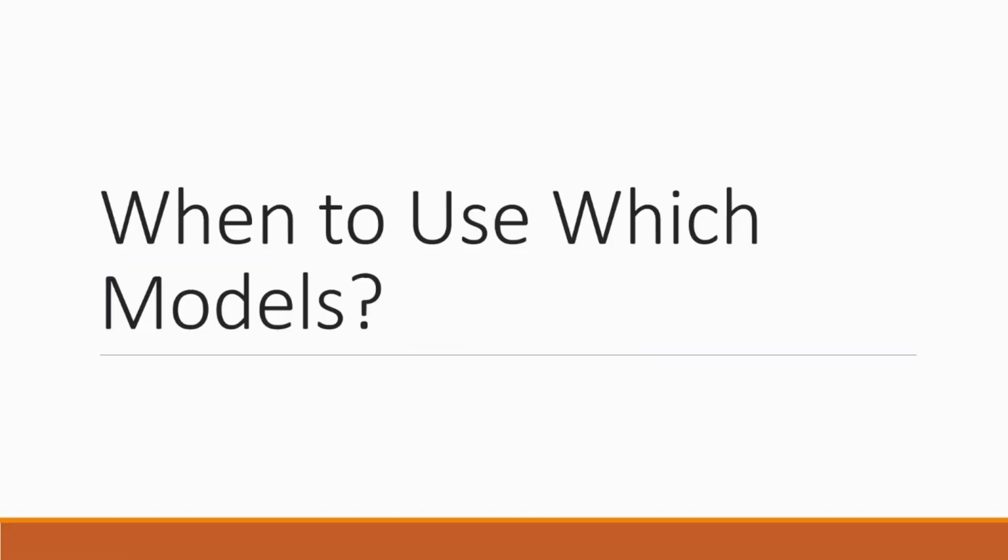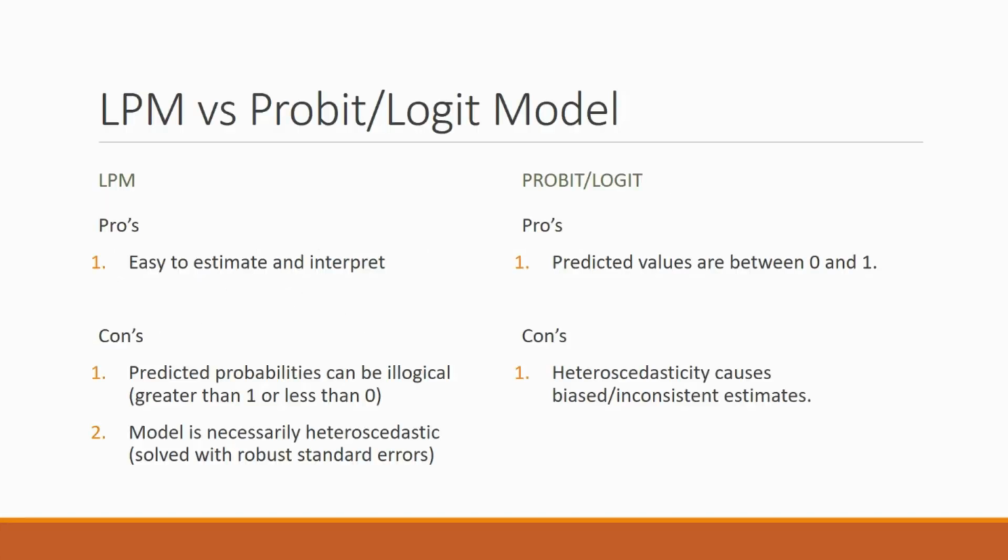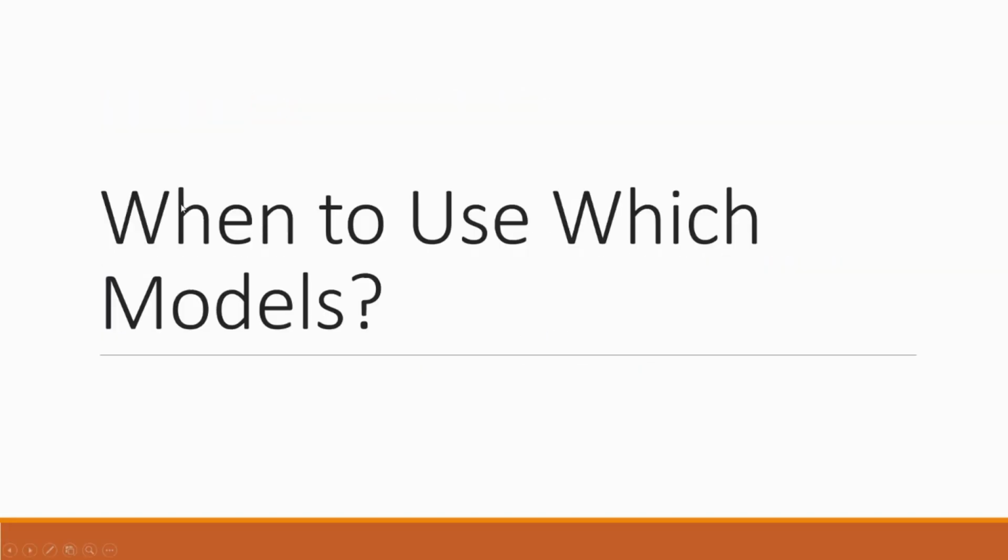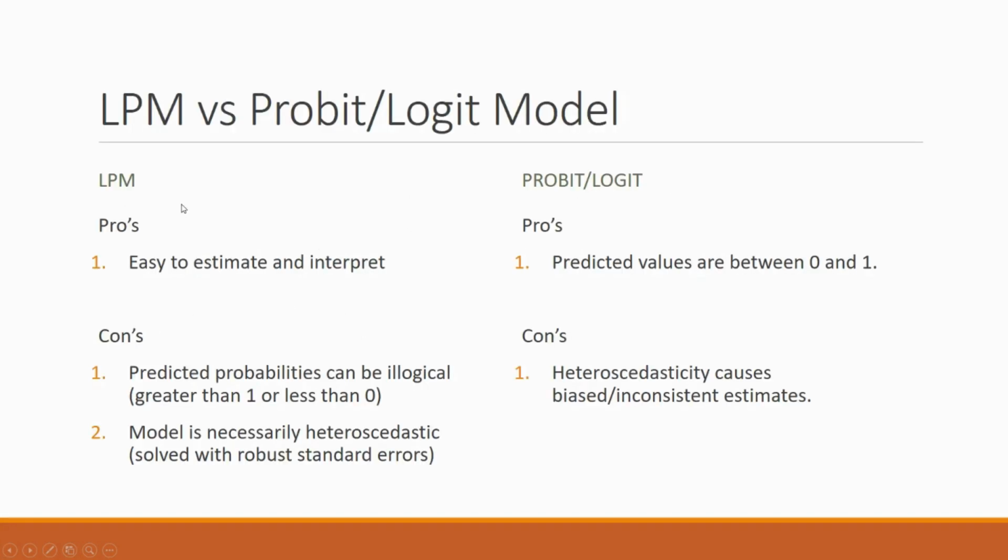All right, now when to use which model? When do we use a linear probability model, and when do we use a probit model? Let's discuss the costs and the benefits of the two models. The advantages of the linear probability model are that they're easy to estimate and to interpret.